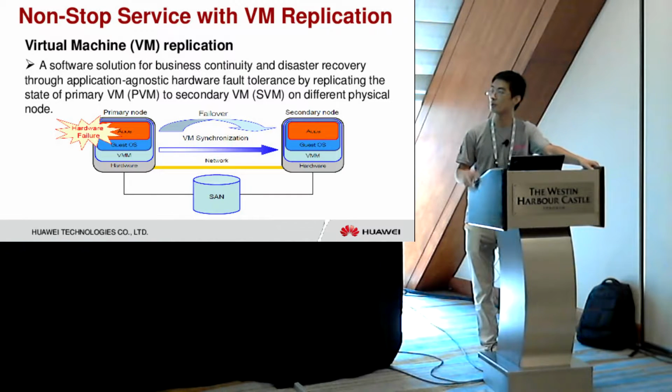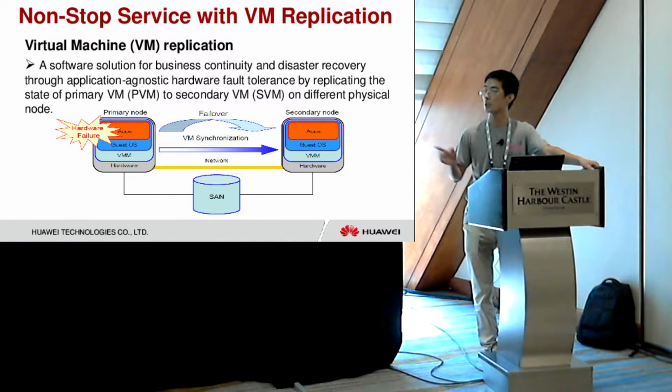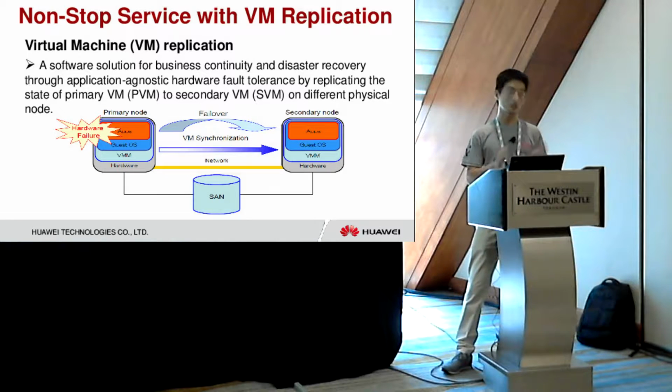The PVM is running on the primary node, and the SVM is running on the secondary node. The state of the PVM is synchronized to the SVM at a specific frequency, so the SVM is a valid replica of the PVM. If a hardware fail-stop failure is detected by the equipment, the SVM will take over the service.